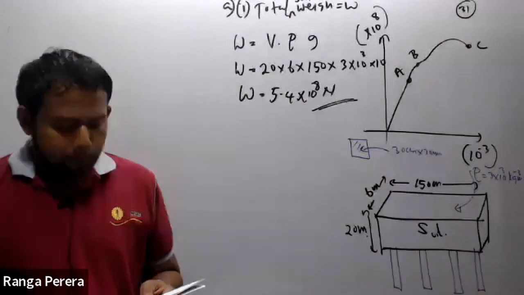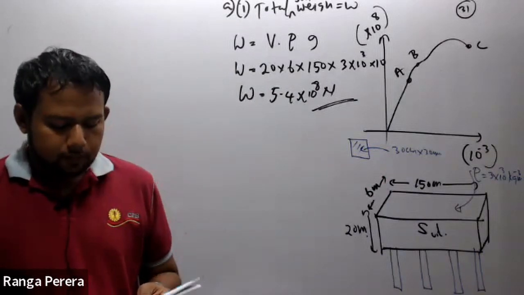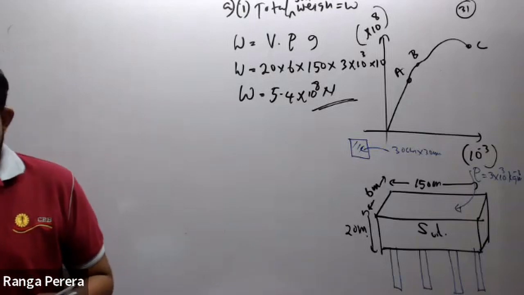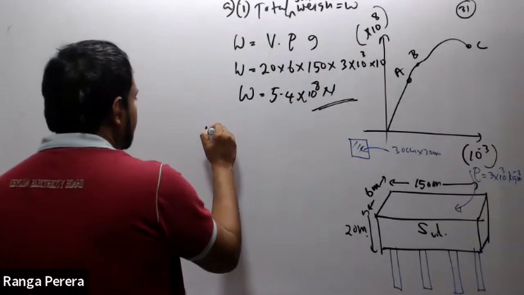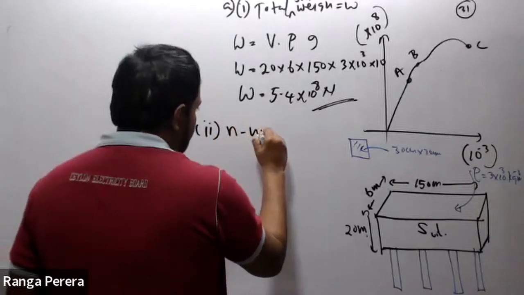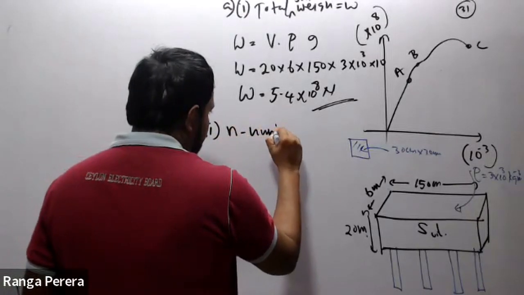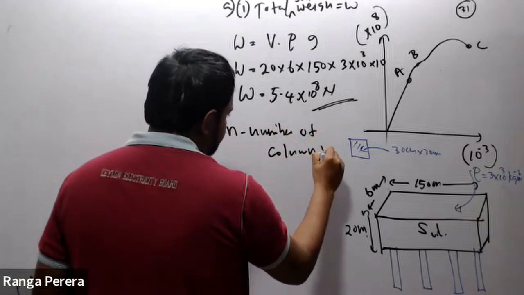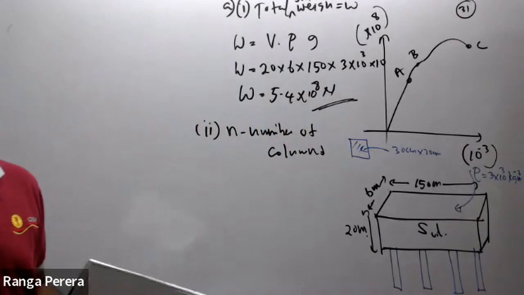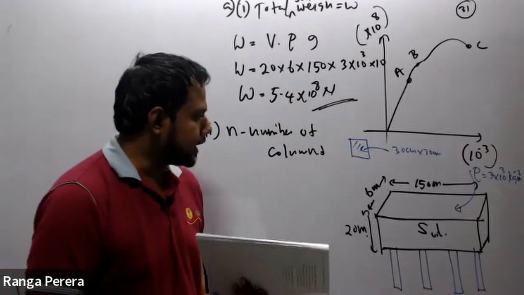What is the number of columns needed to keep the compressive stress on each column at 2 × 10^8? Let's say the number of columns required is n.